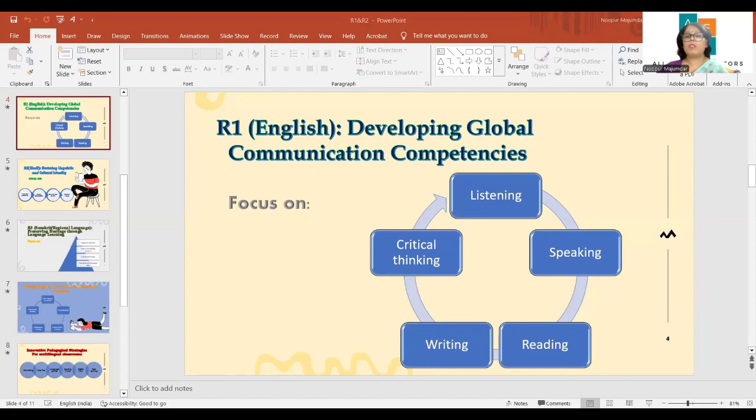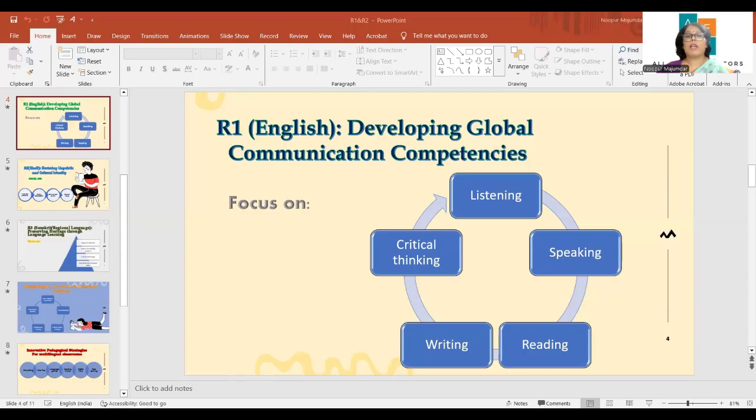Now, let's move on towards reading. Reading is no longer limited to textbooks. We all know that. Students should engage with newspaper articles, blogs, advertisements, biographies, poems, and digital text, which is nowadays easily available. The objective is to develop comprehension, interpretation, and critical reading skill. They are able to understand it critically, right?